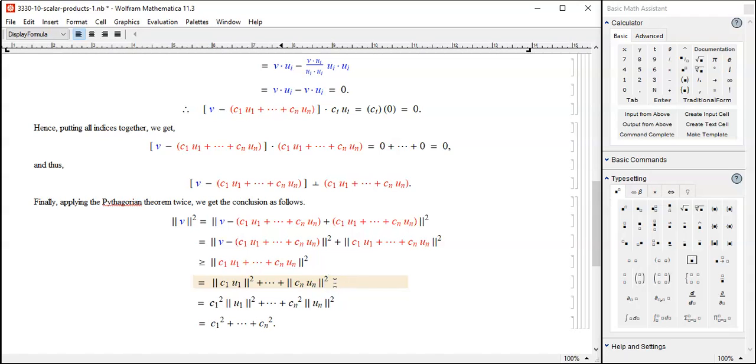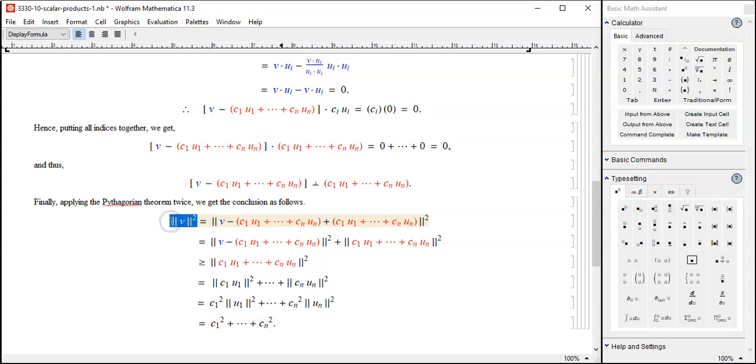Repeat, and then we have c1u1 squared plus c2u2 squared, everything. And then take all those scalar multiplications out. And please recall, the absolute value of u1, or the norm of u1 squared, is 1 because these are all unit vectors. So we have c1 squared plus c2 squared, all the way up to cn squared.